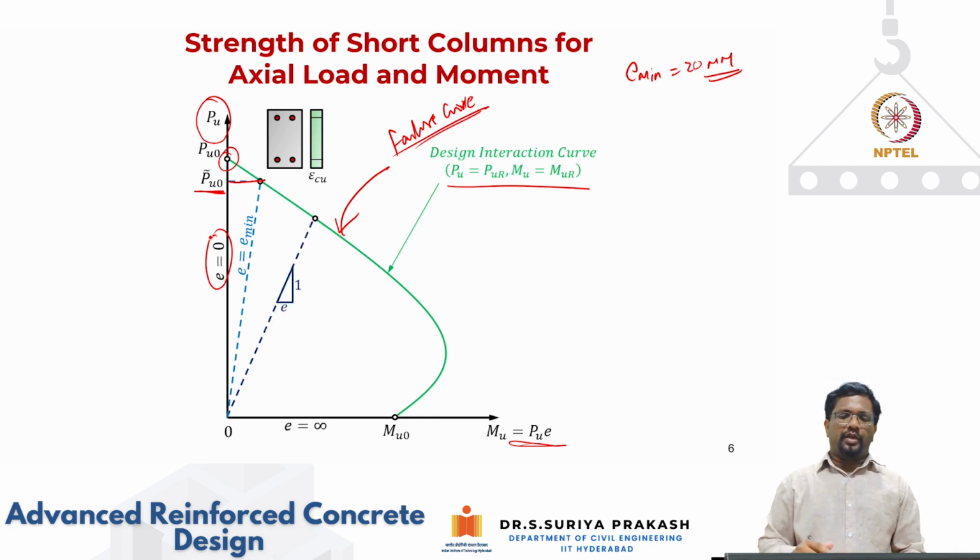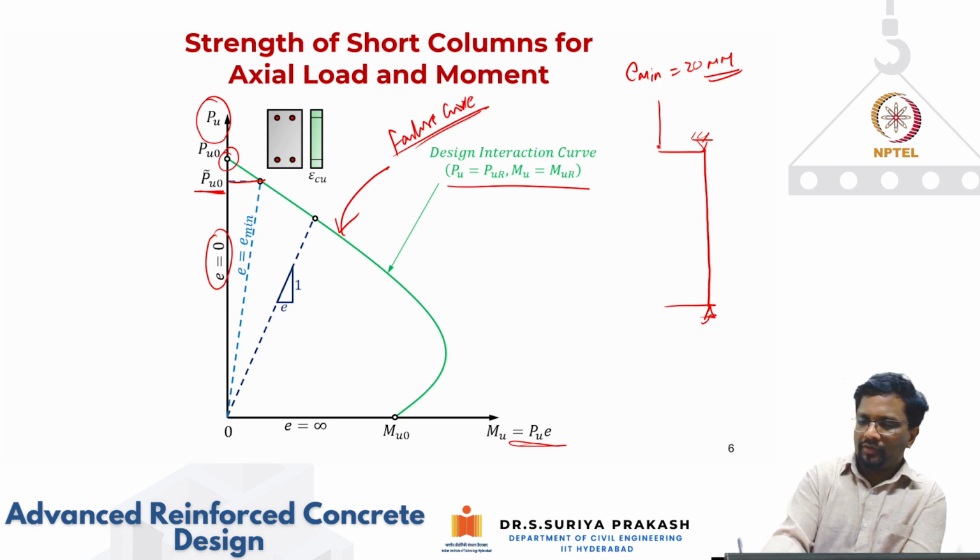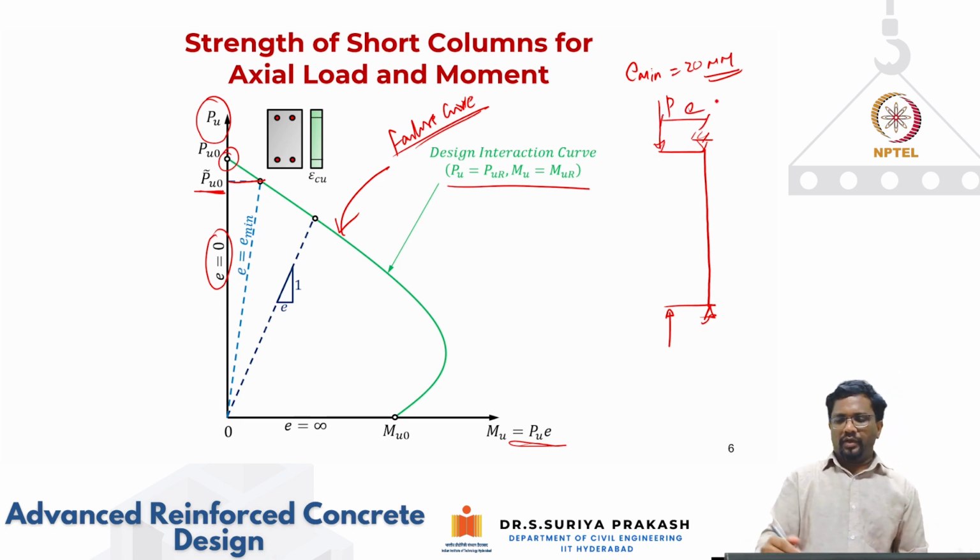Similarly, let's say I take this column, which we have seen in the column behavior, and I apply this load, and this is the eccentricity. If I start increasing this P from 0 to some high value, when P is 0, the moment is also 0.